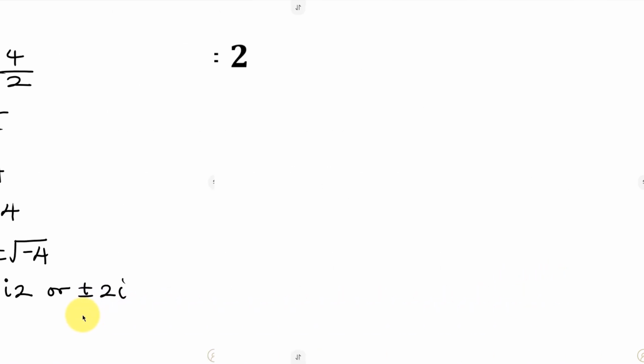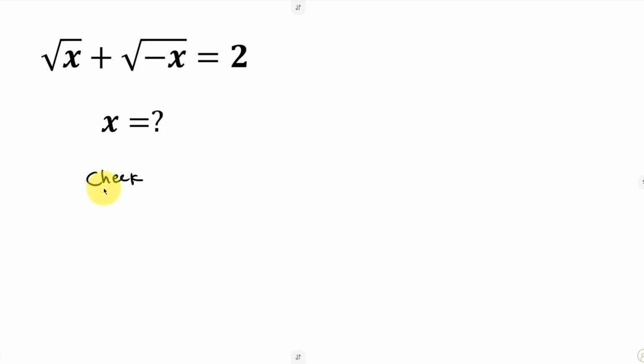Let's check. So on checking, we have the values of x. Remember our solutions, we have 2i and we have x as well to be negative 2i. So we're going to be trying this first. So using the complex number calculation, when x is equal to 2i, you notice that the square root of x will be the square root of 2i.